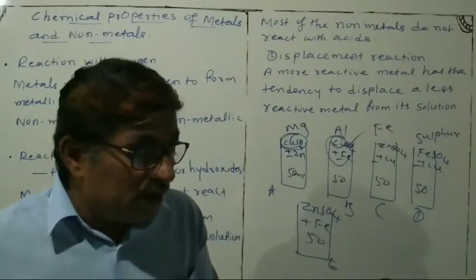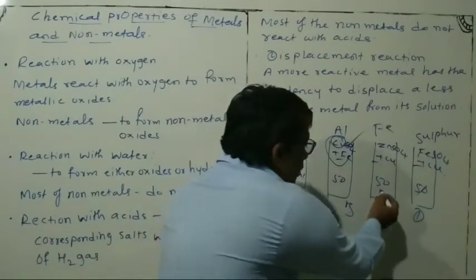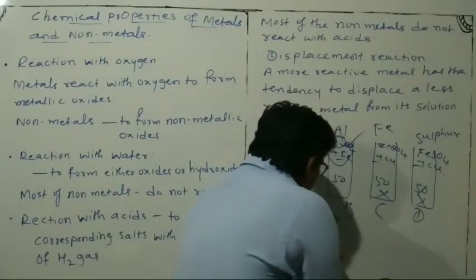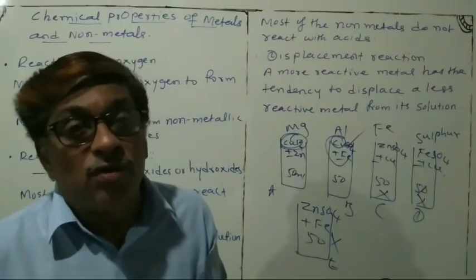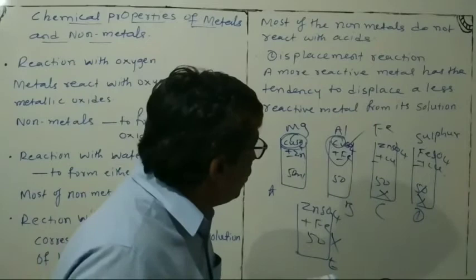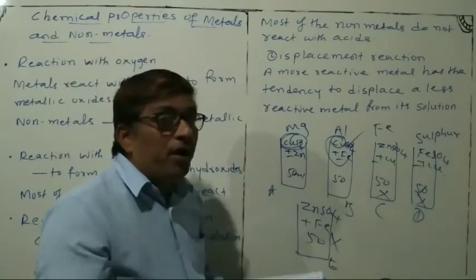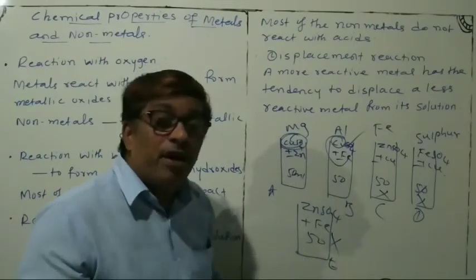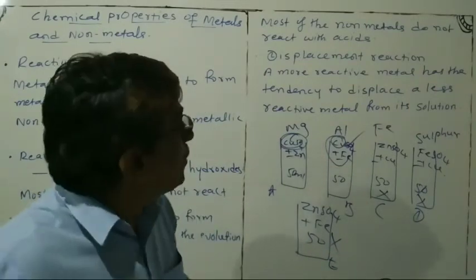But what about the others? In the third, fourth and fifth, no changes are observed. Why, dear students? The definition says that a more reactive metal displaces the less reactive one.